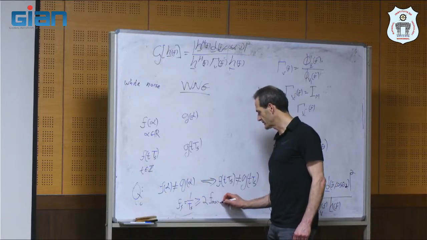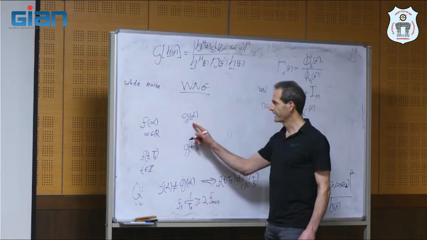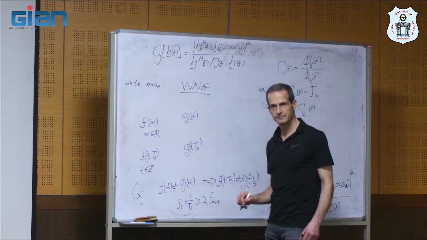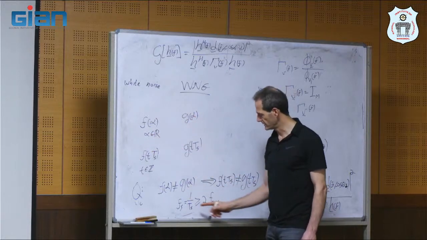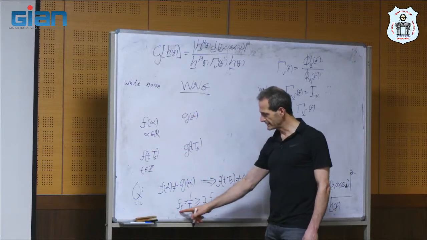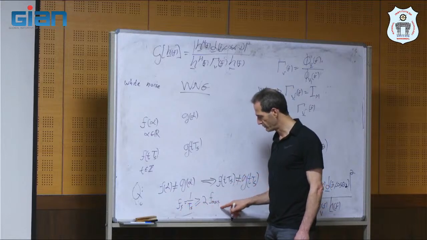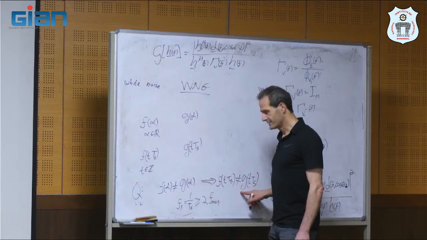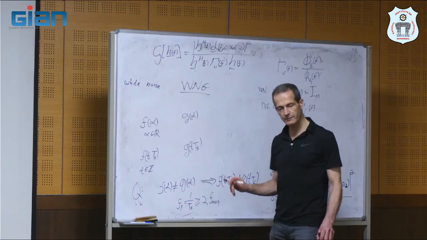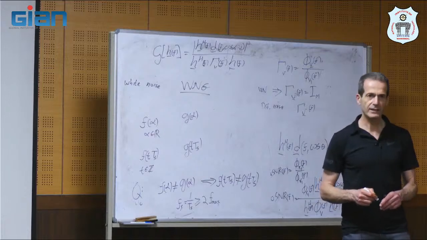So this is the maximum frequency in these two signals. If the maximum frequency in these two signals is F max, and the sampling frequency is at least twice the maximum frequency, then this is satisfied, okay? This is the Nyquist theorem.